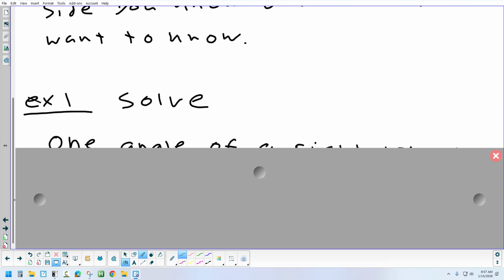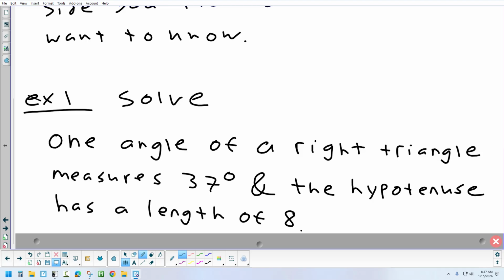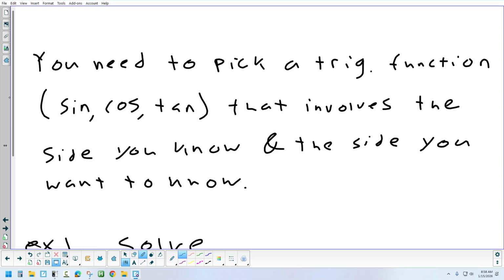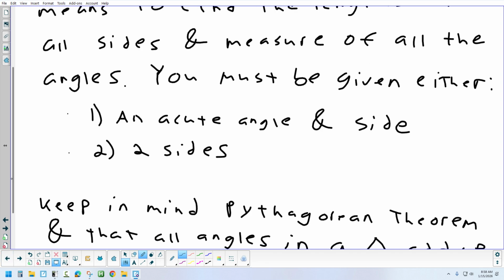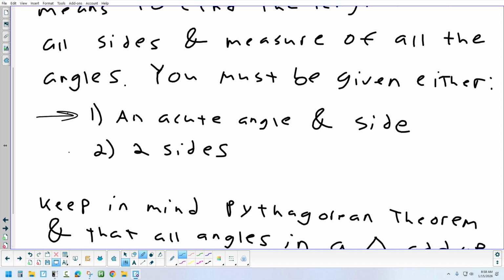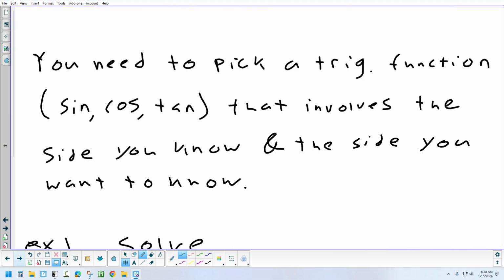All right, so let's look at an example. It's telling us that in a right triangle, we've got one angle that's 37 degrees, and we have a hypotenuse of 8. So this is an example of the first type of situation right here. I'm giving you an angle, and I'm giving you a side.